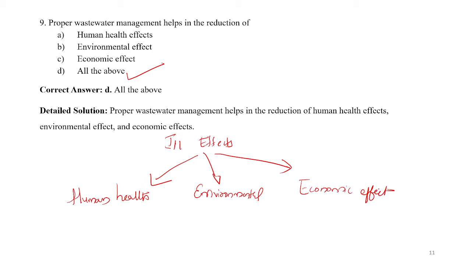About human health effect, we all know that water is one of the crucial elements for human survival. If we are not getting access to pure water, it can lead to various diseases like cholera, diarrhea, etc. Access to pure drinking water is a basic essential for surviving on earth.